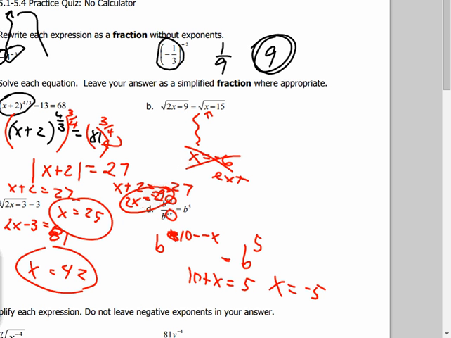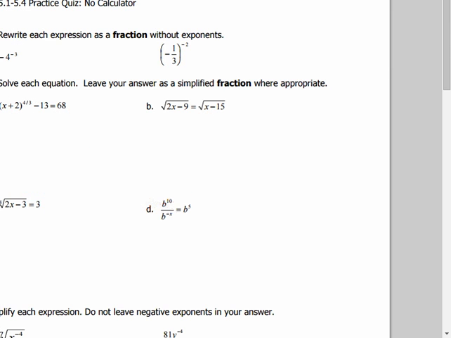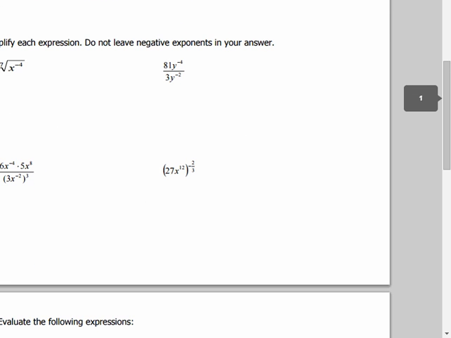All right, so here's the rest of this thing for those of you that want to watch at home. For number 3, this one's just like they had said, x to the negative 4th to the 1/7. So why can't I leave it as x to the negative 4/7? Because that has a negative exponent. You're not allowed to have a negative exponent.